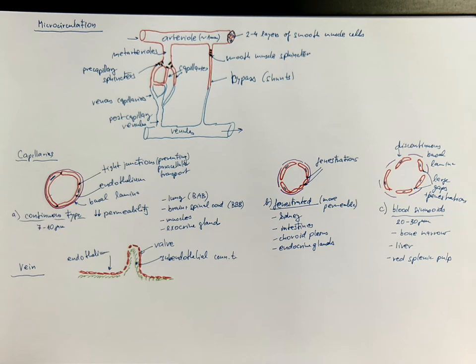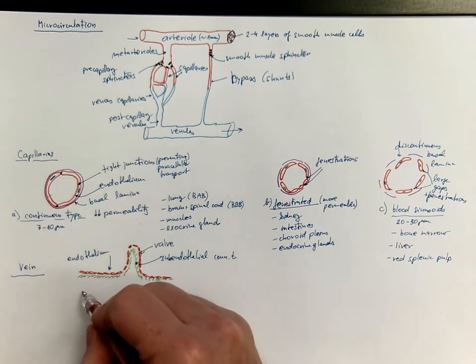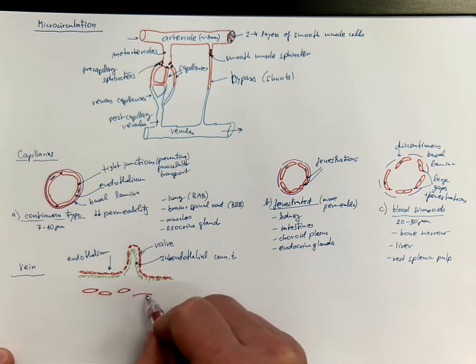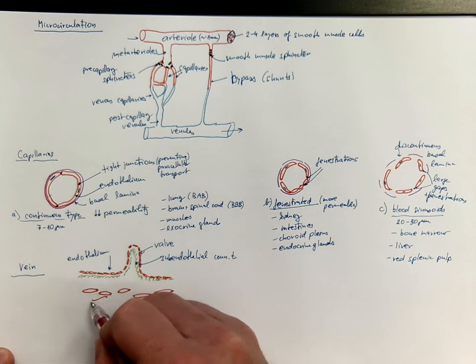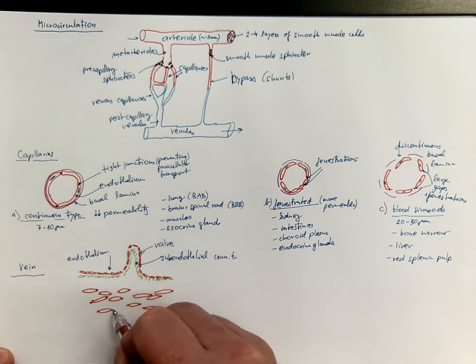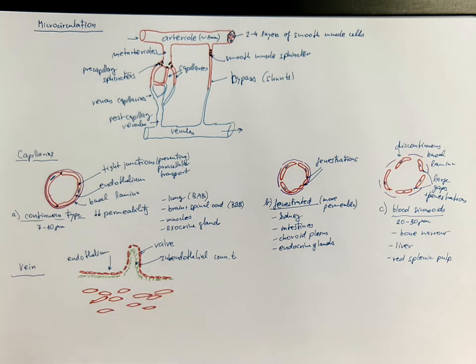Then the tunica media contains vascular smooth muscle, which is similar to arteries, but in this case the bundles of the smooth muscle cells are surrounded by a significantly greater fraction of connective tissue.